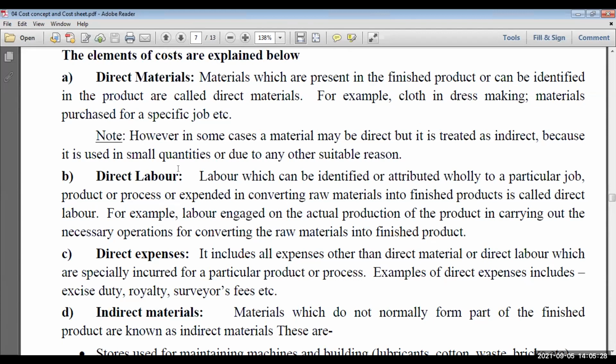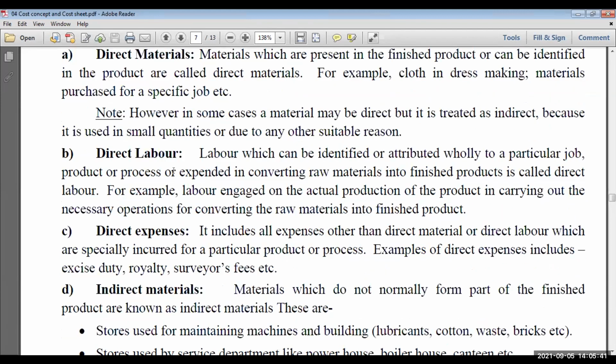If you are not able to calculate the cost of a product that way, then we call them indirect material, indirect expenses or indirect cost. Direct cost is a cost which can be directly apportioned to the production process, the output. Indirect means which cannot be apportioned directly to the output. That's called indirect.